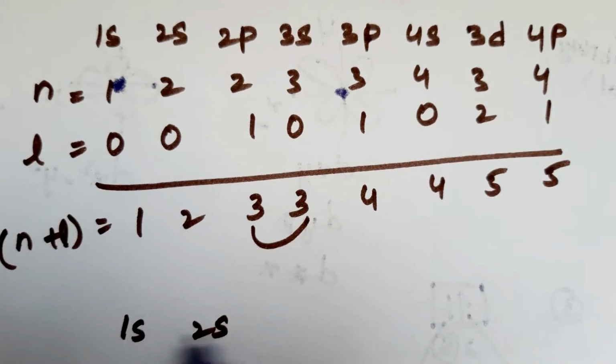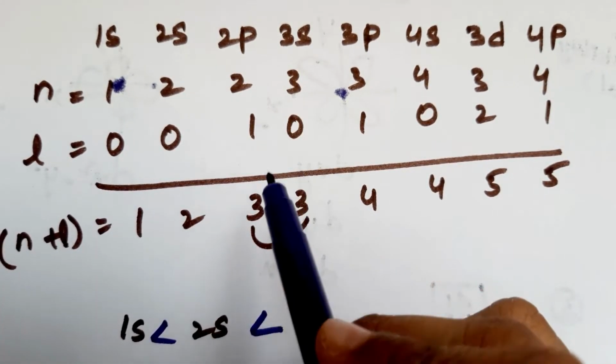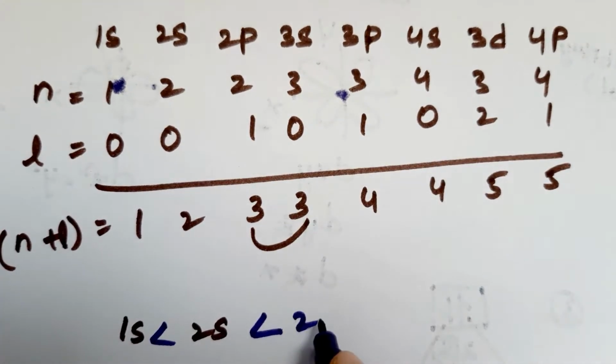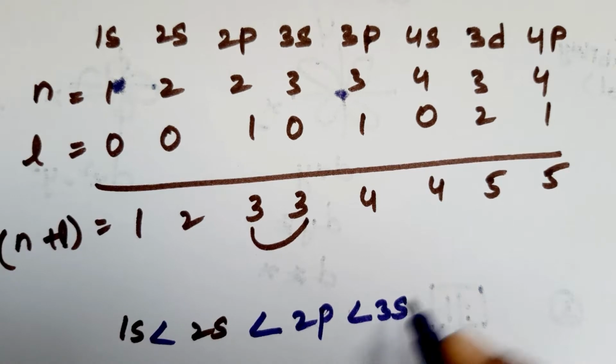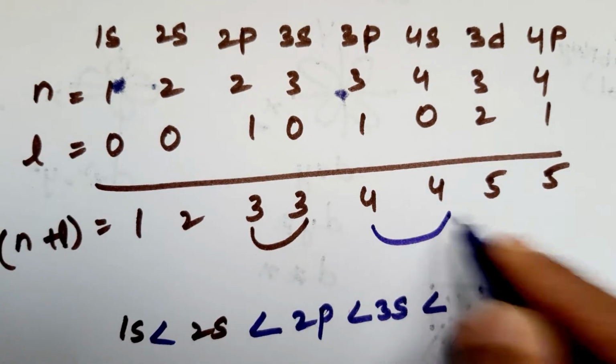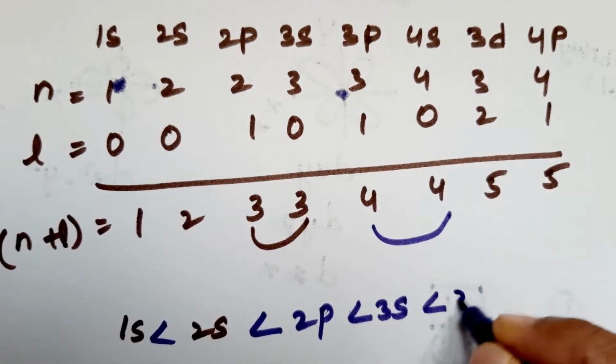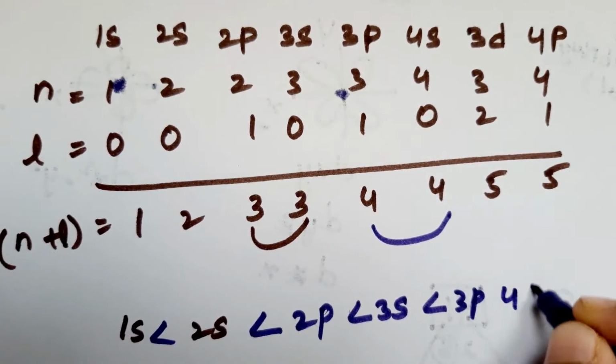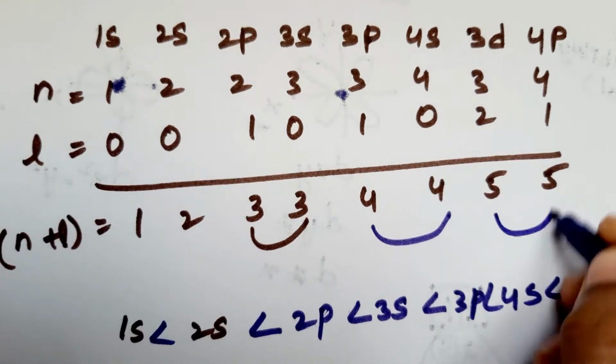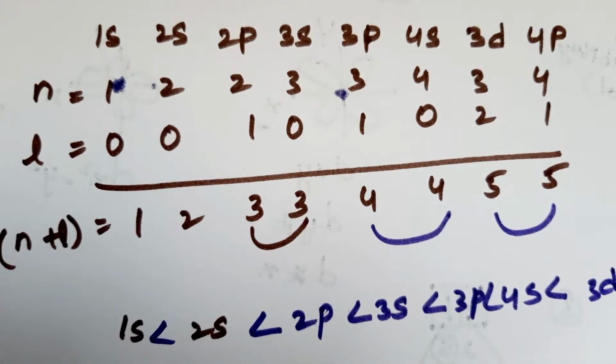That means 2p, then 3s. Similarly, here these are the same, so the lowest n value is filled first. That means 3p, then 4s. Similarly, these two, 3d and 4p.